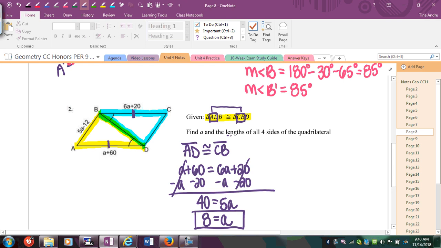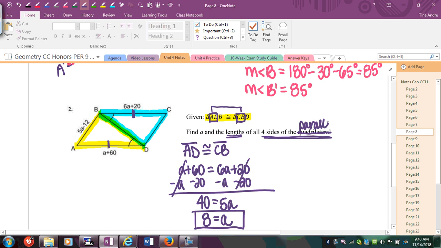Now it says that we want to find the lengths of the four sides of the quadrilateral. So notice it's not saying the sides of the triangles, but the sides of the quadrilateral. And this quadrilateral is actually a parallelogram. There's enough properties because I have congruent alternate interior angles, which are making these lines parallel and congruent. So I'm actually going to switch this and say of the parallelogram.